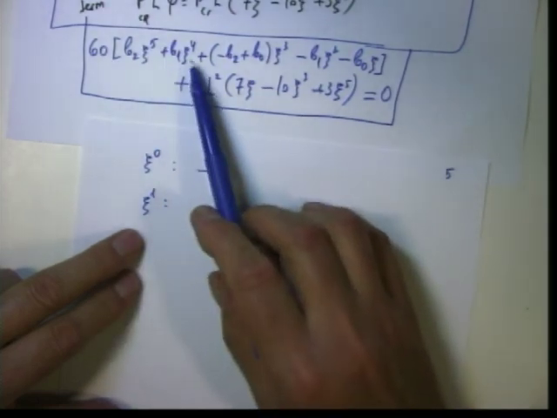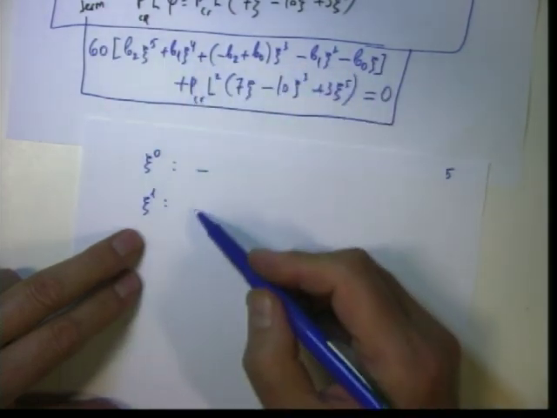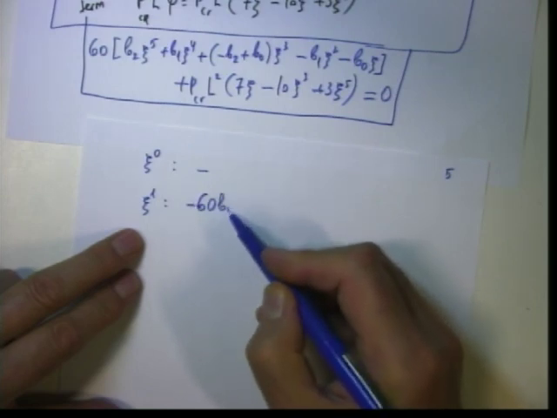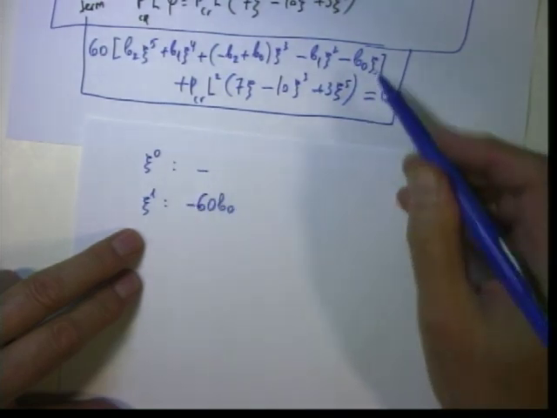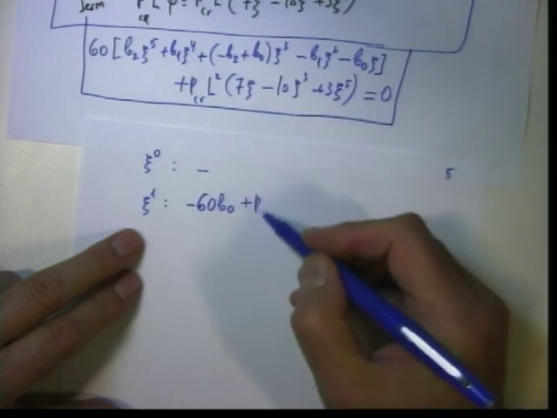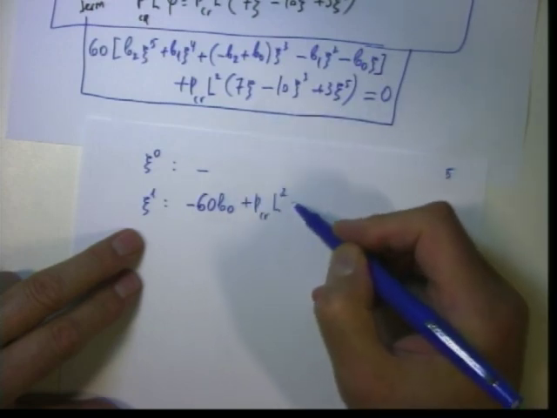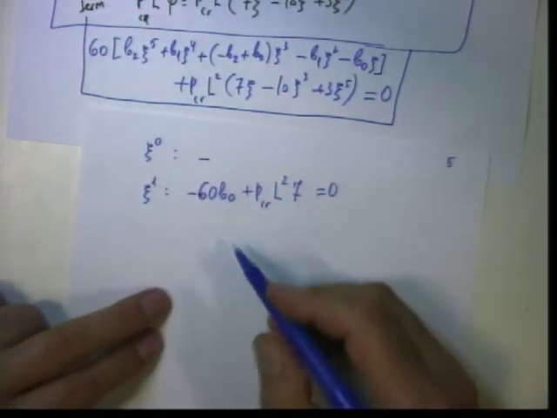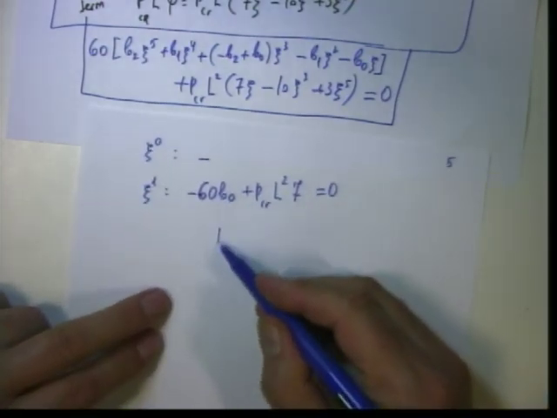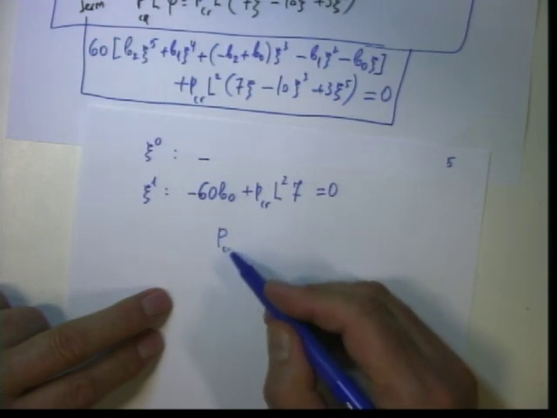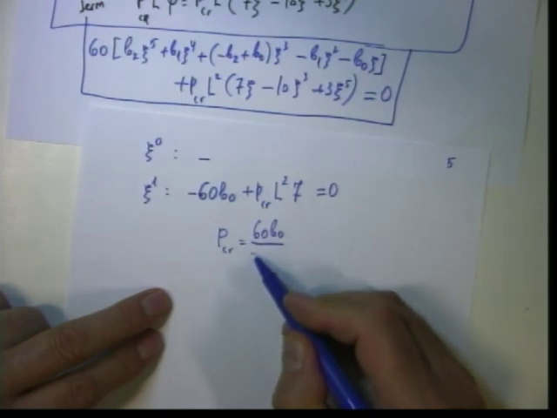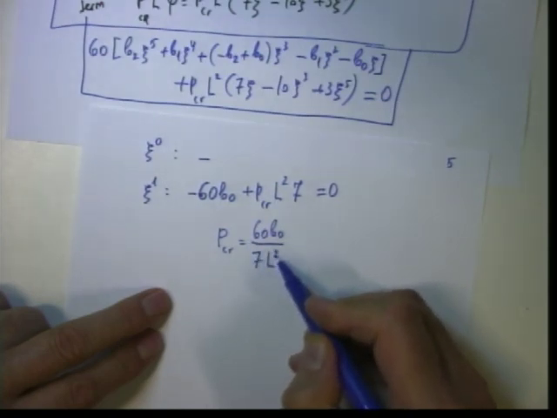So this is fifth, fourth, third, so that is minus 60 B0 psi, then plus P critical L square times 7 equals 0. So from here we get P critical equals 60 B0 divided by 7L square.